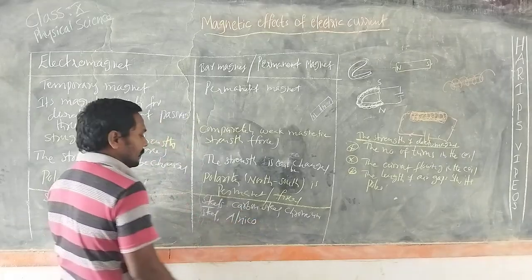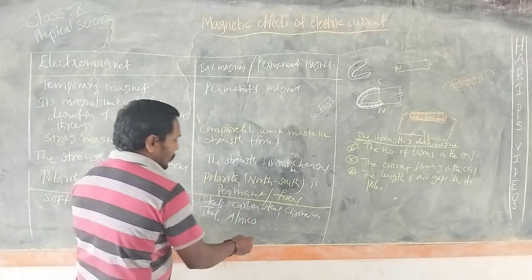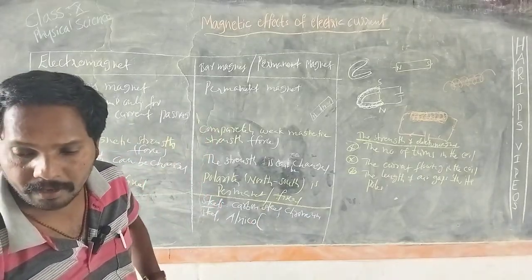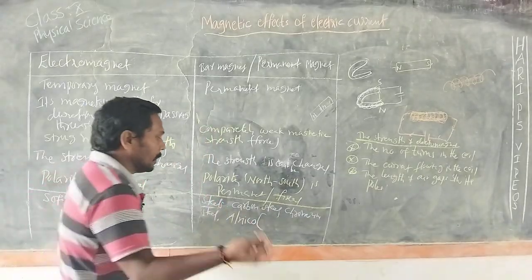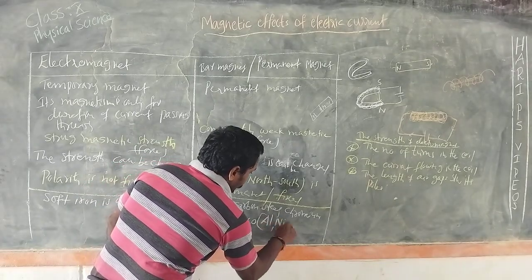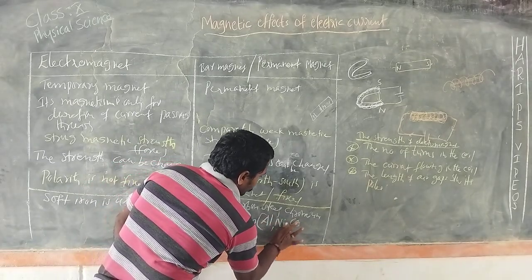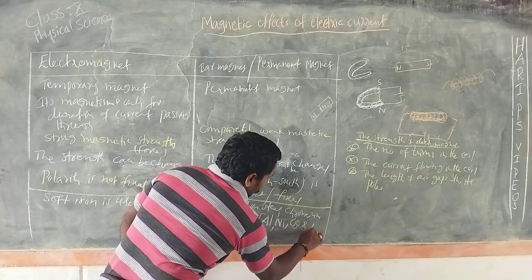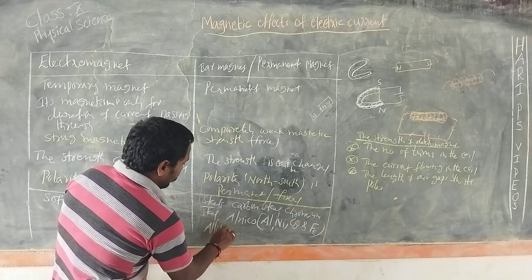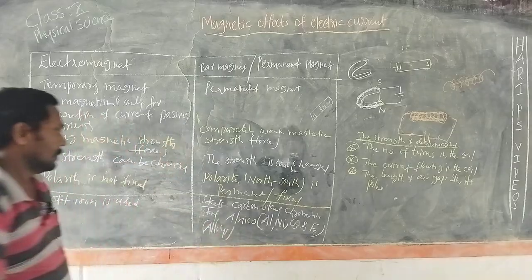Alnico is another kind of alloy. Alnico is the alloy of aluminum, nickel, cobalt, and iron. So these are all made of alloys.